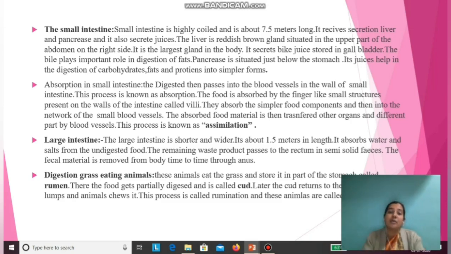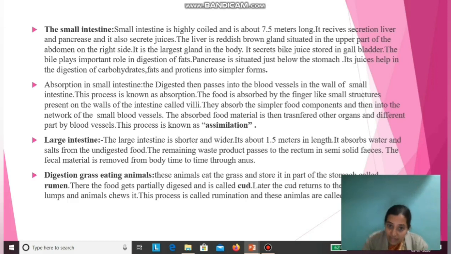How do they absorb this? The inner lining of the small intestine has finger-like structures. These finger-like structures absorb the nutrients, and this process is known as absorption. The nutrient components, in simpler form, are transferred into a network of small blood vessels.